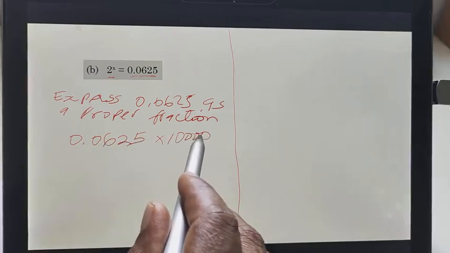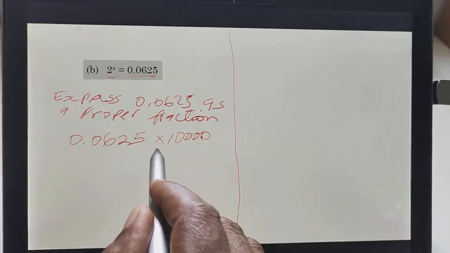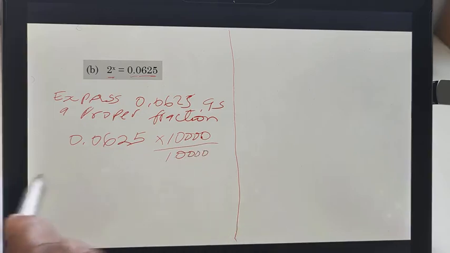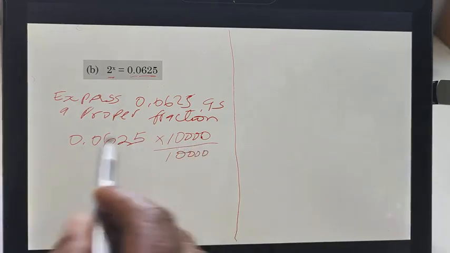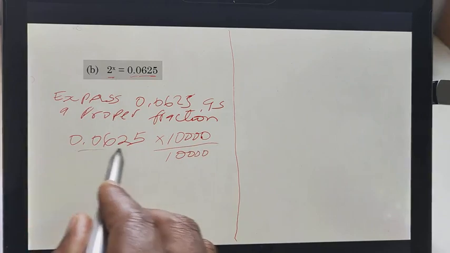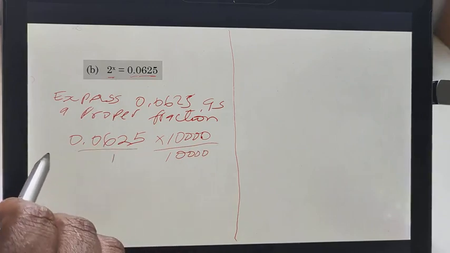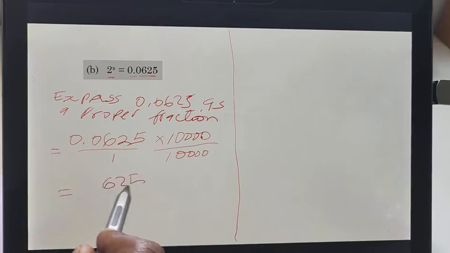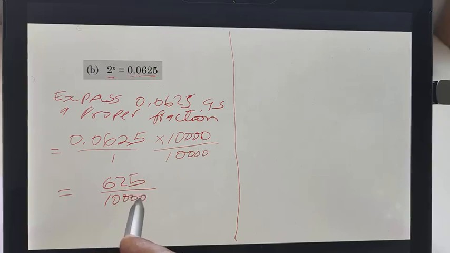We are going to multiply by 4 zeros. But we don't want to change anything, so we are going to divide by 10,000 as well. So if you multiply this way, over 1, if you multiply the numerators, you have 625 over, in this case, 10,000.